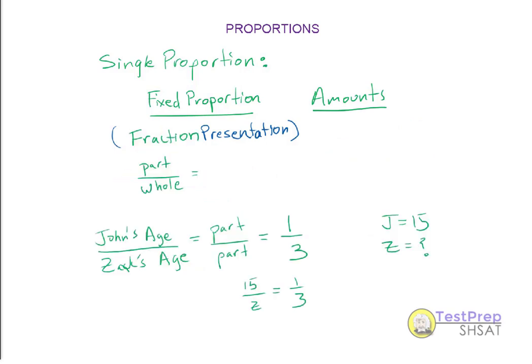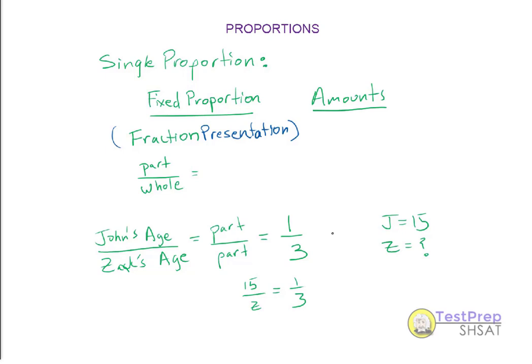Let's look at another case where the information is presented as a fraction. Now that could be part to a whole, say in a probability problem, or it could be a part to a part, say John's age to Zach's age, part 1 to part 2, is 1 to 3. So if we know J, John's age, is 15, we could substitute that into our proportion equation.